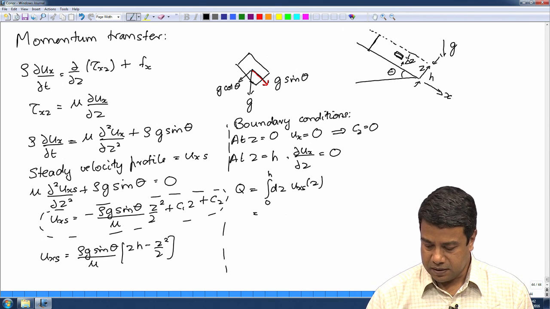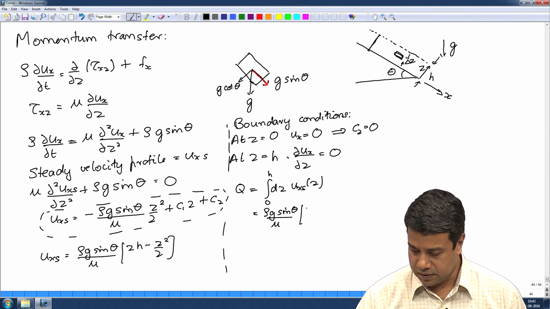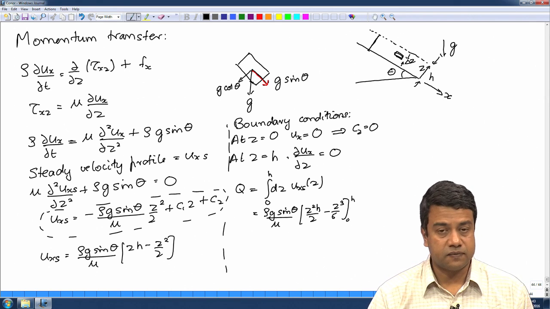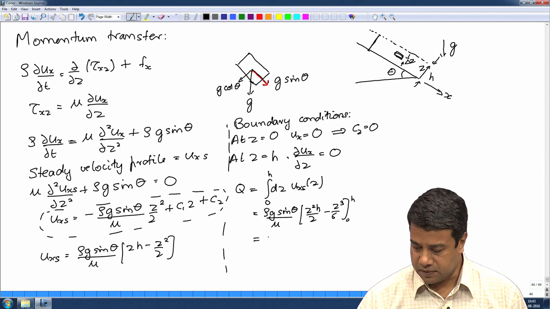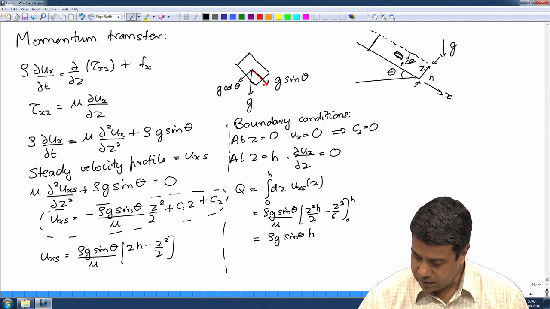You will get rho g sin theta by mu into z square h by 2 minus z cubed by 6, between the limits 0 to h. That is the flow rate per unit length perpendicular to the plane, and it becomes rho g sin theta h cubed by 3 mu.